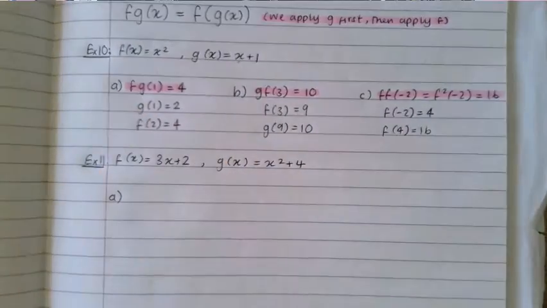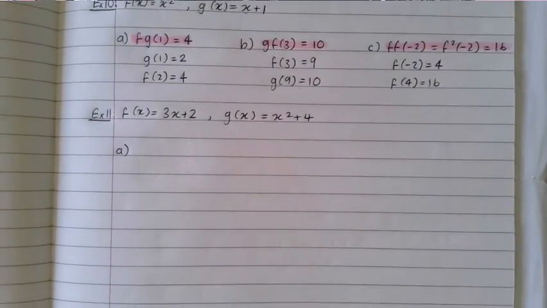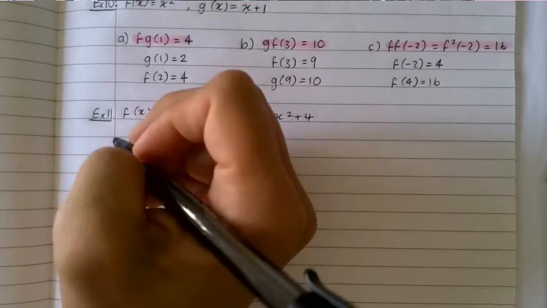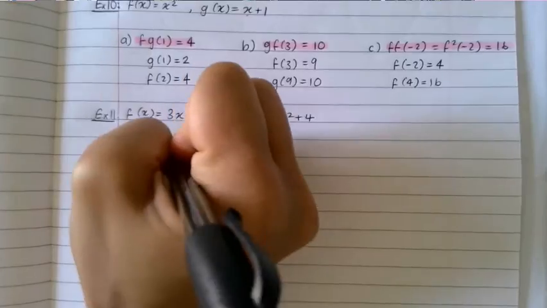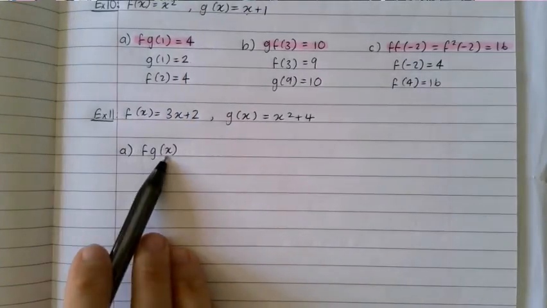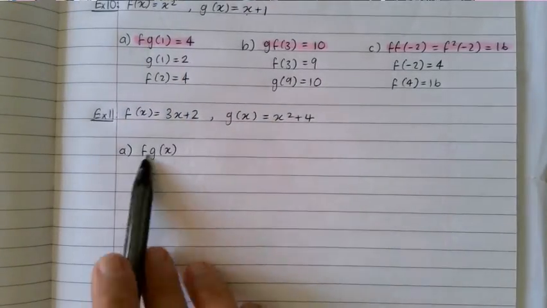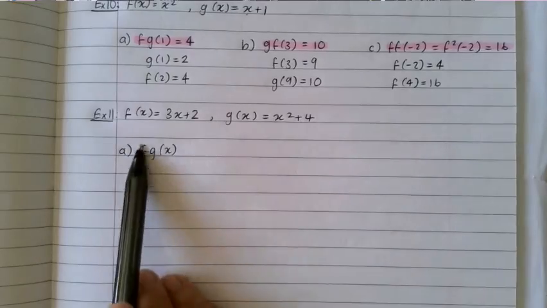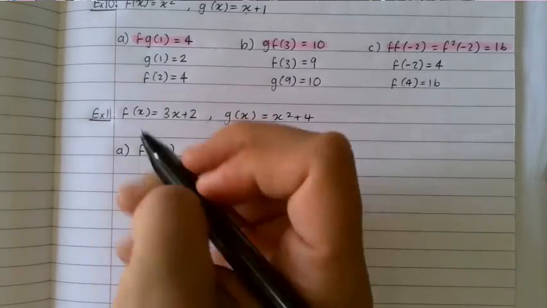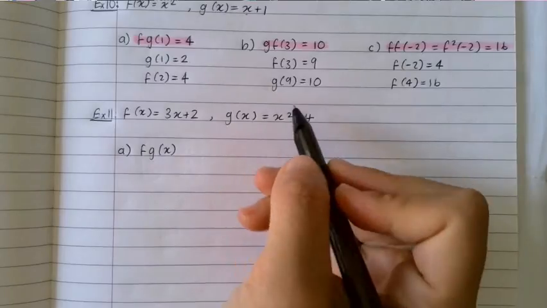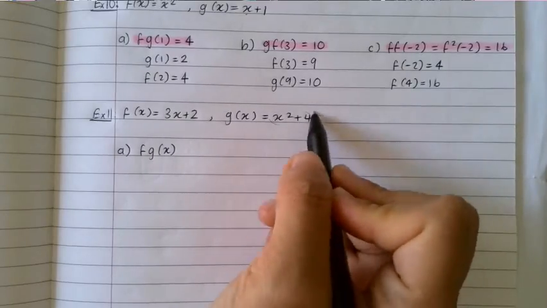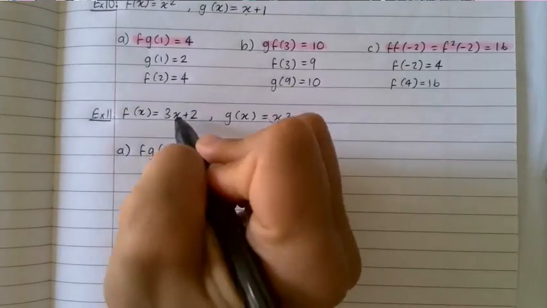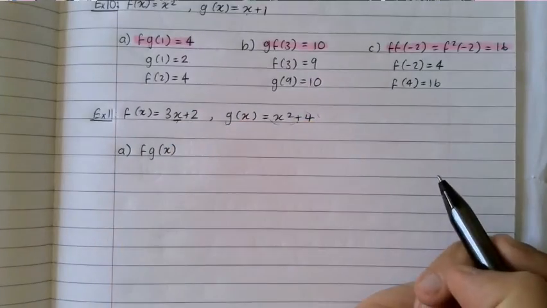So part A wants us to find fg of x. This means we apply g first, so g to x would be x squared plus 4, and then we apply f to that. So we're going to be substituting all of g into the x that we see in f there.